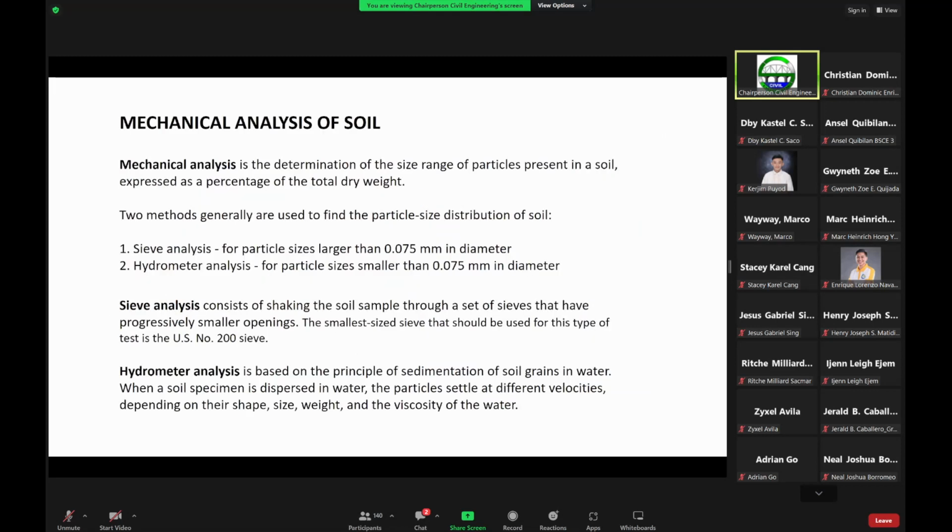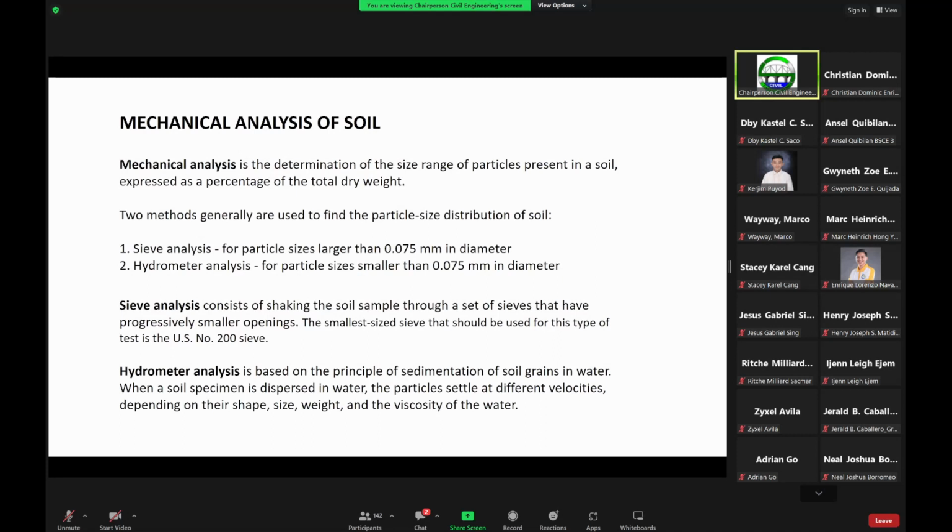Later, when we do classifications, for example the Unified Soil Classification System, the properties that we need are the size distribution test or the grain size data.